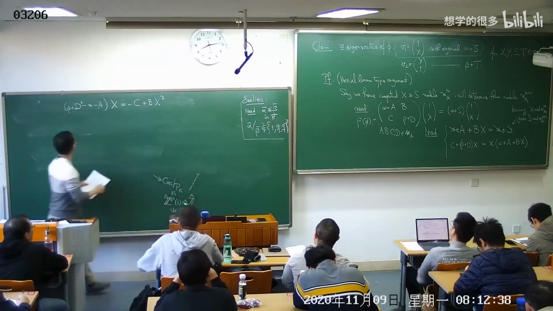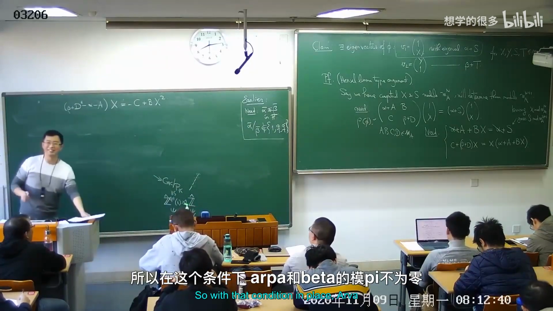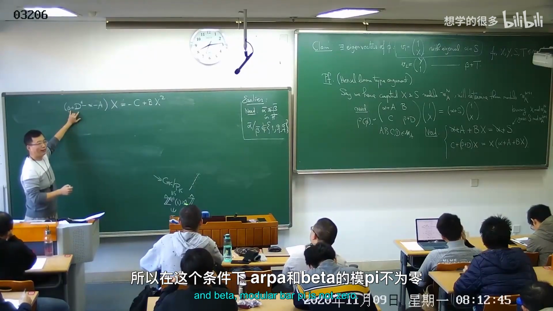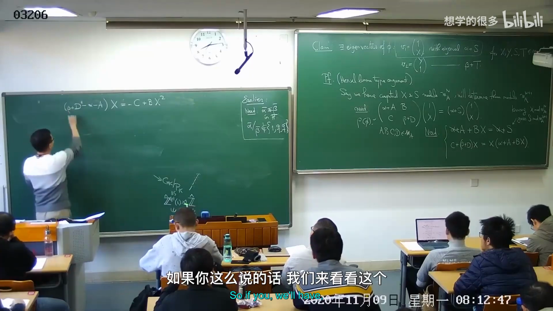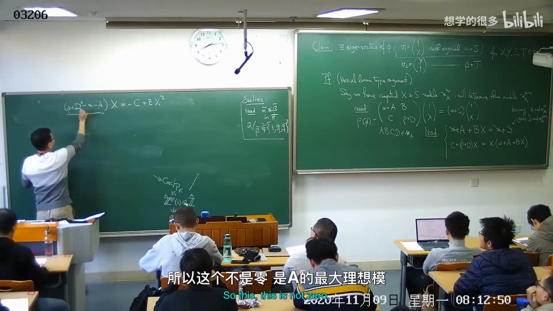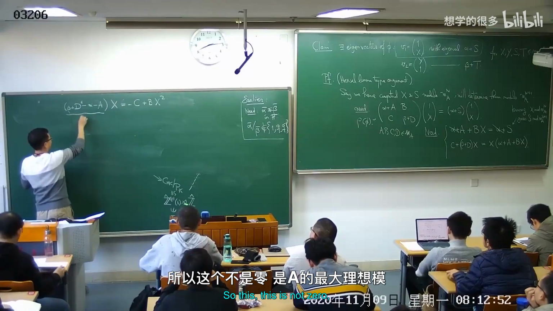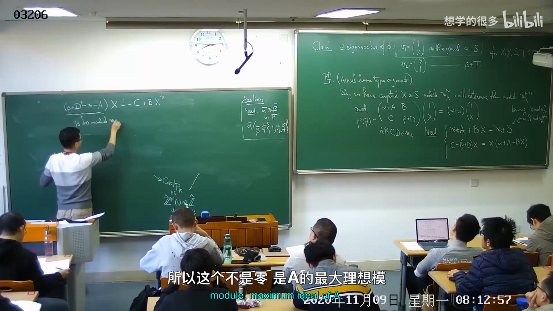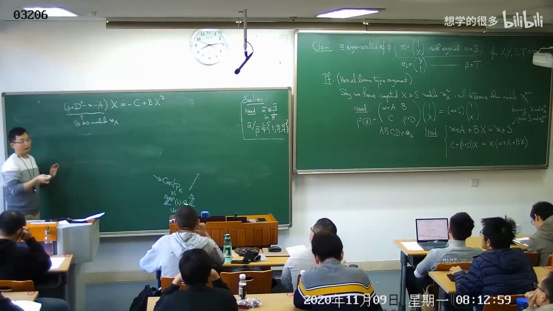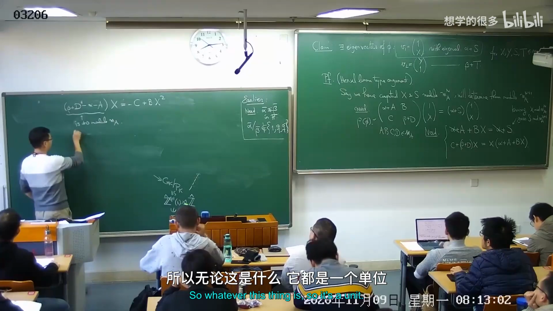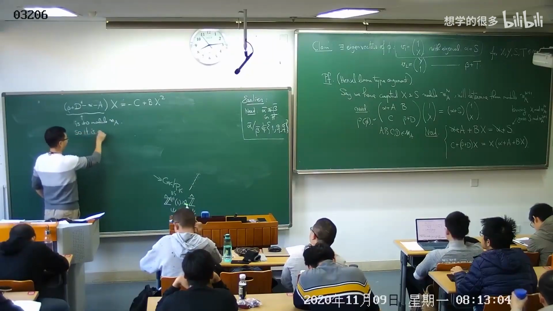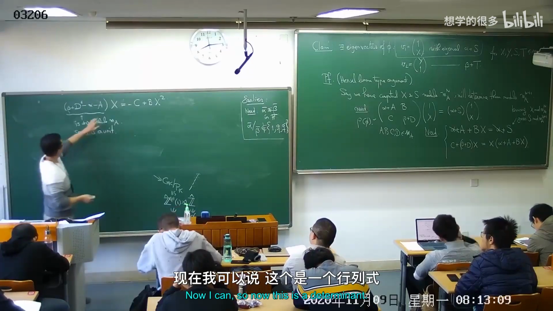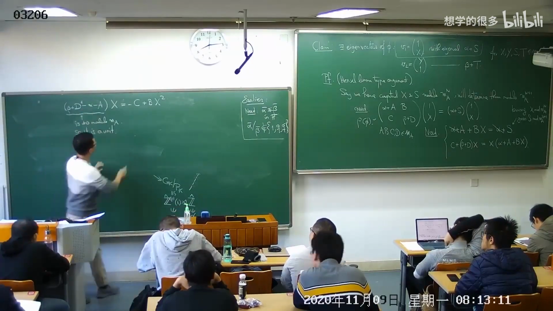With that condition in place, alpha minus beta modulo pi is not 0. So this is not 0 modulo the maximal ideal of A, so whatever this thing is, it's a unit.